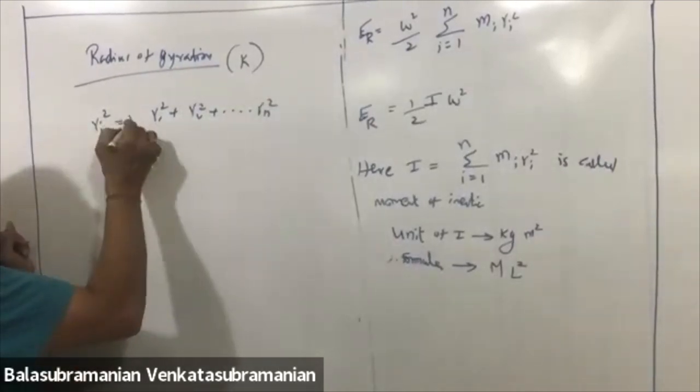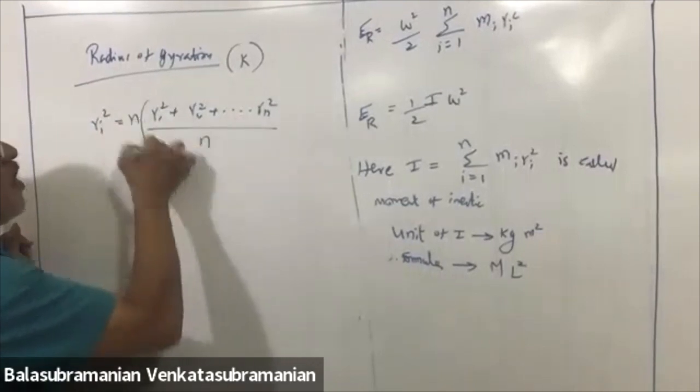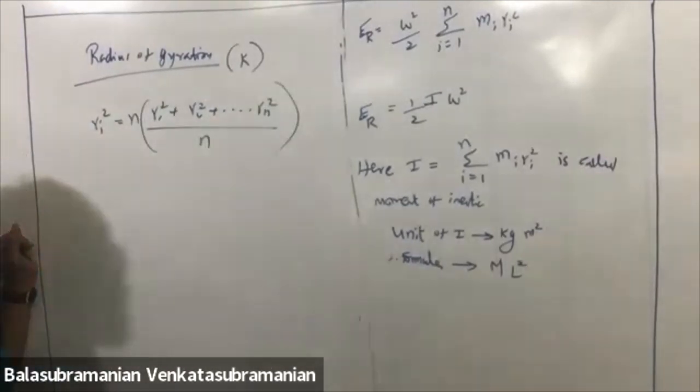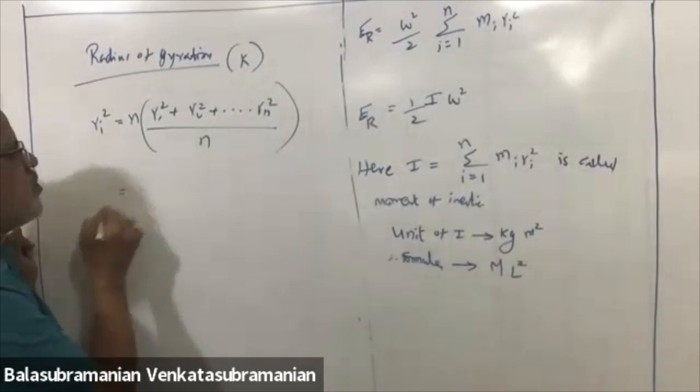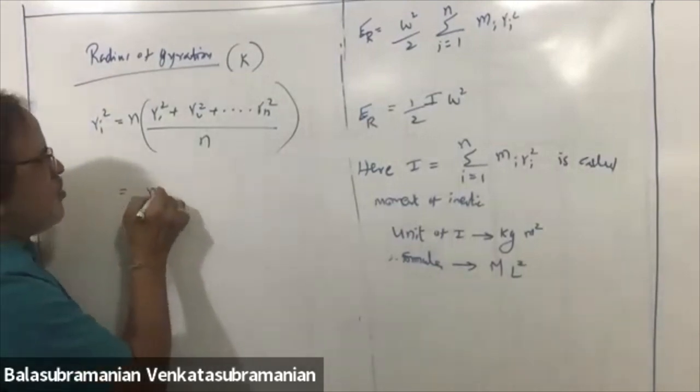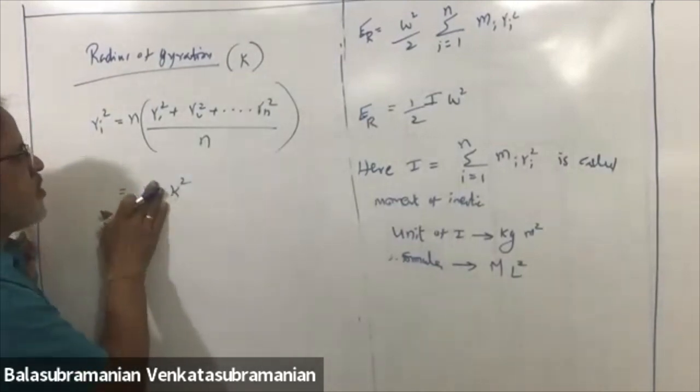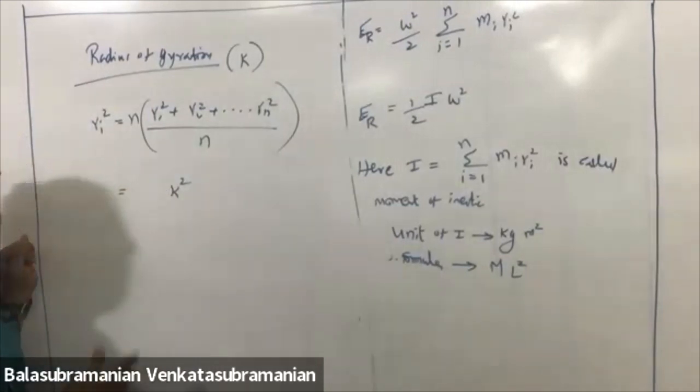Multiply and divide by n, where n is the number of particles. So nk square.